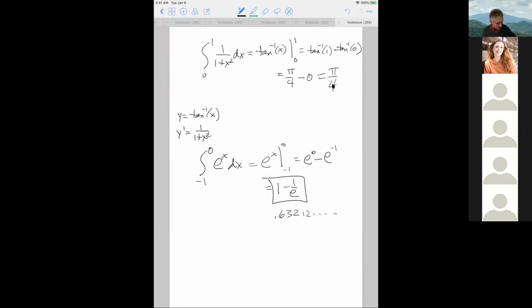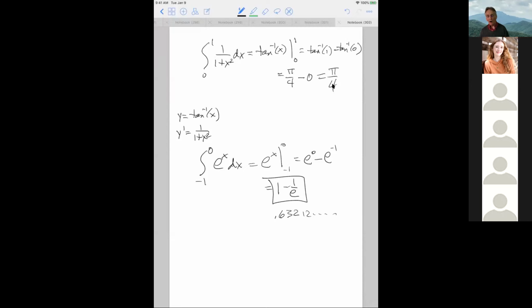Well, section 5.4 is talking about a bunch of different rules that you use when you're doing antiderivatives, when you integrate.